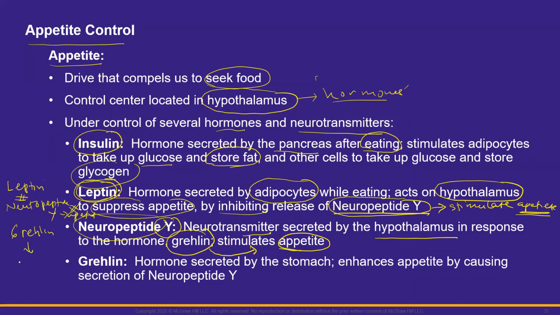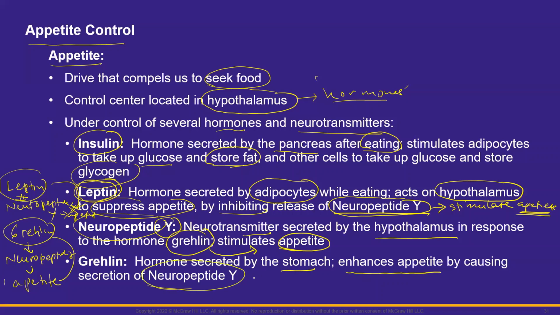Ghrelin stimulates neuropeptide Y, so ghrelin stimulates appetite. Ghrelin is a hormone secreted by the stomach that enhances appetite by causing the secretion of neuropeptide Y from the hypothalamus.